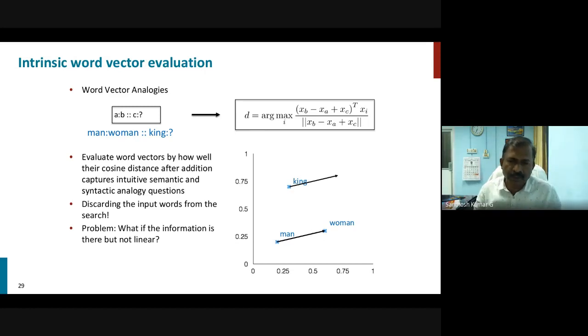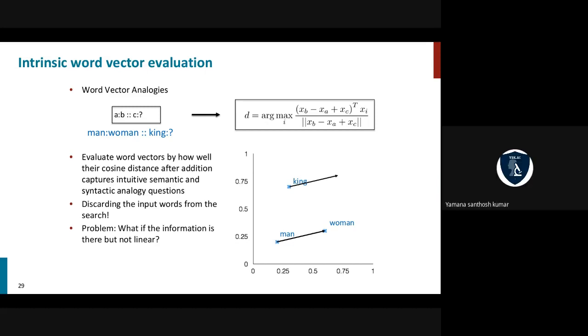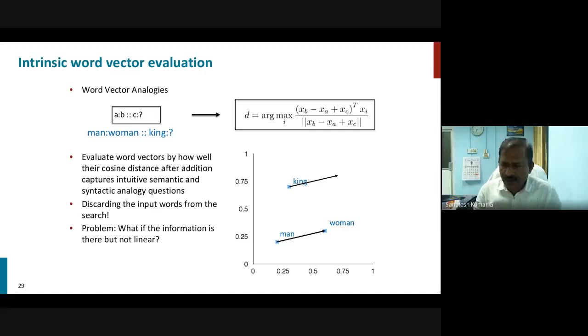Otherwise, it will be a difficult task, right? Will it provide the same result every time? Yes, it will give the same kind of result.